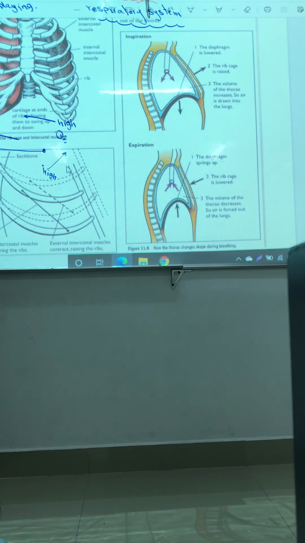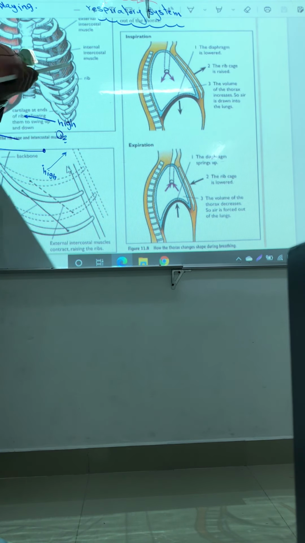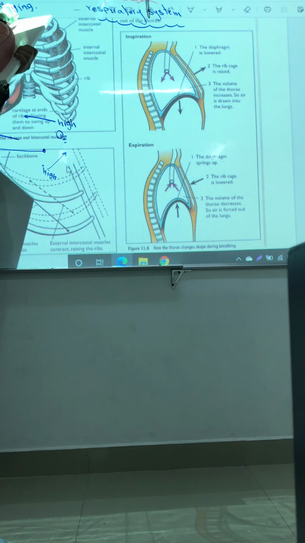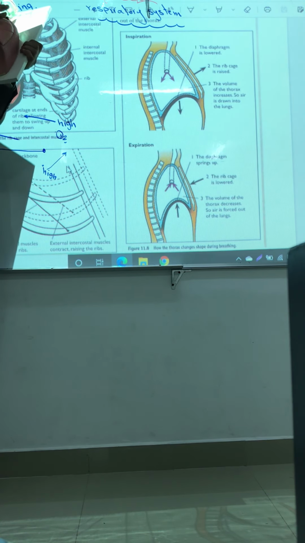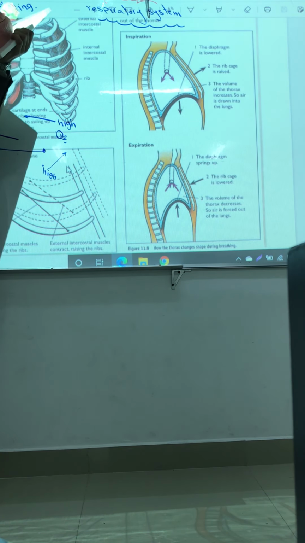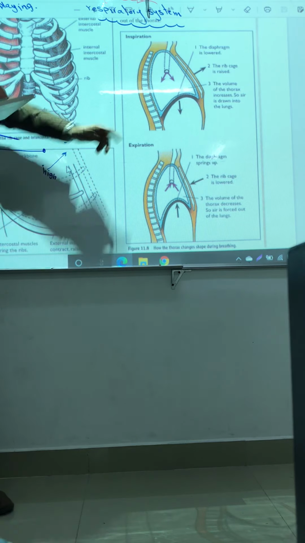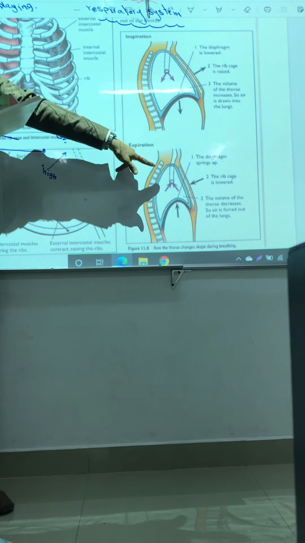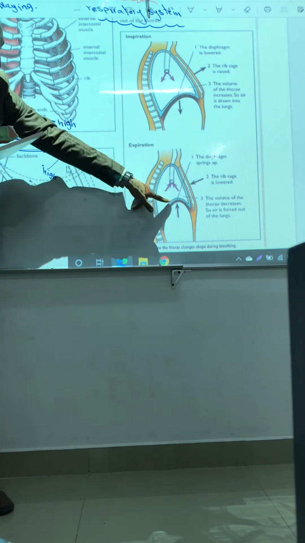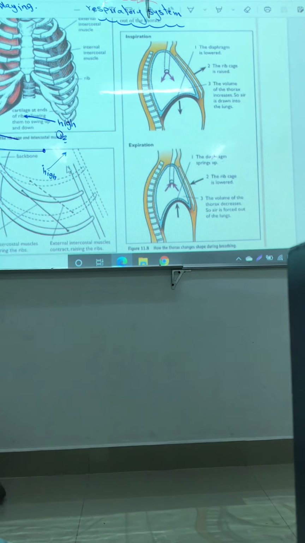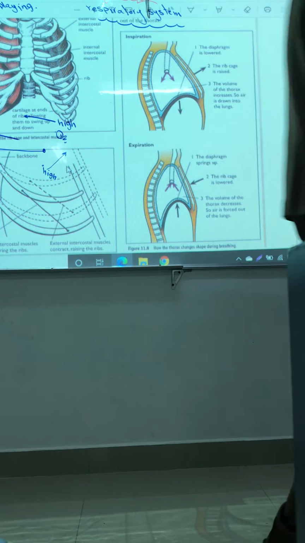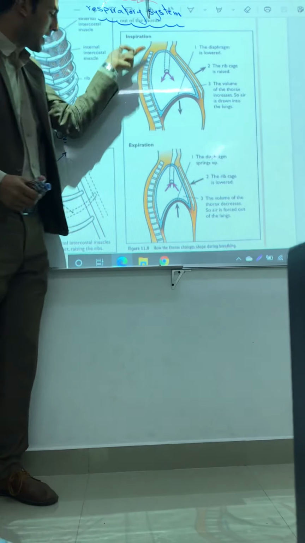And you should distinguish the movements of structures such as the rib cage and diaphragm. Here are the lungs, this is the trachea, and this is the diaphragm. Using these pictures and figures, each student should understand the differences between inspiration and expiration.